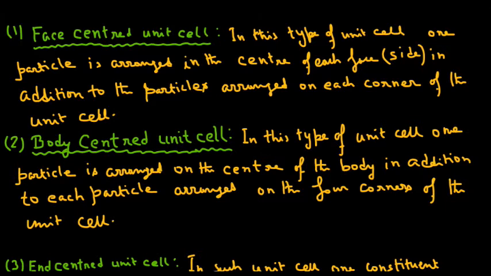In this type of unit cell, one particle is arranged in the center of each face or side in addition to the particles arranged on each corner of the unit cell. Body-centered unit cell. In this type of unit cell, one particle is arranged at the center of the body in addition to each particle arranged on the corners of the unit cell.